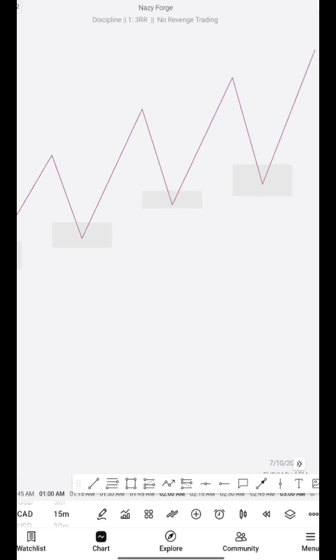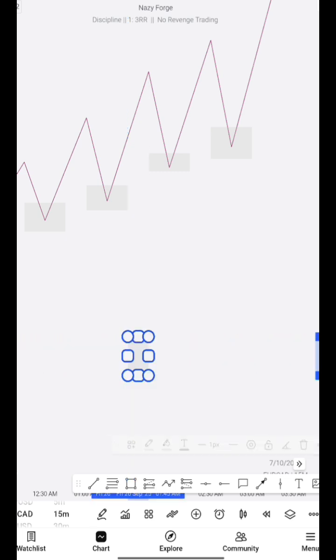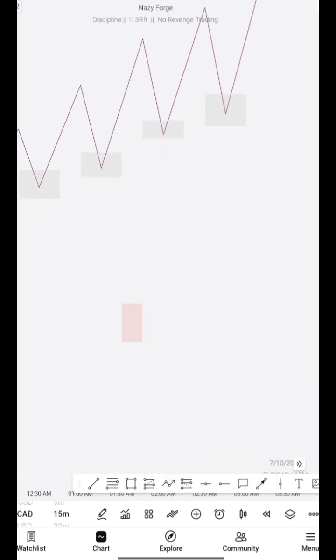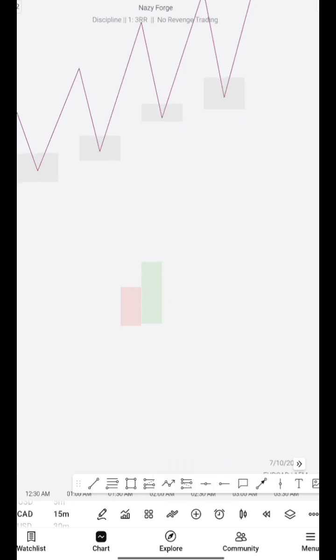I will show you what I mean here. Say this is a candle. Let's say this is a red candle, which is a sell candle. Then this is another candle, I'll give this green.